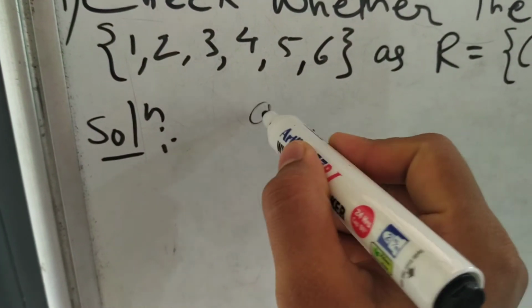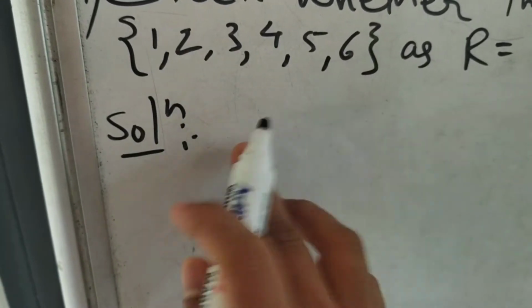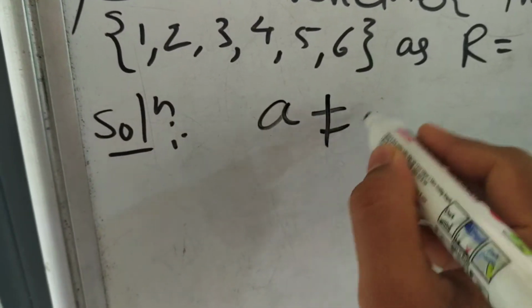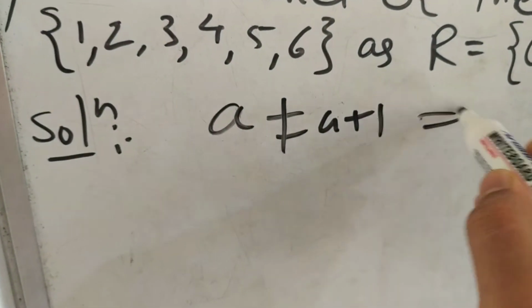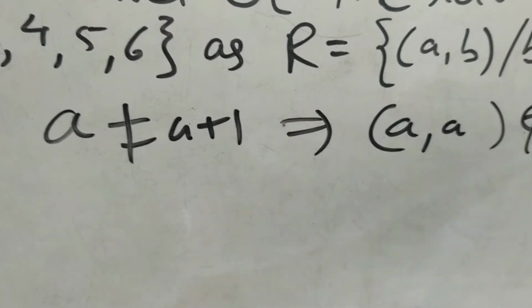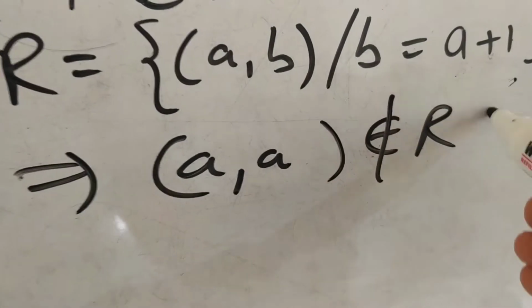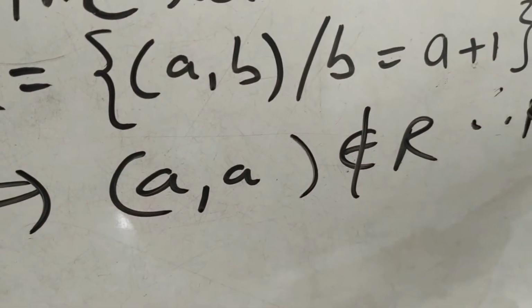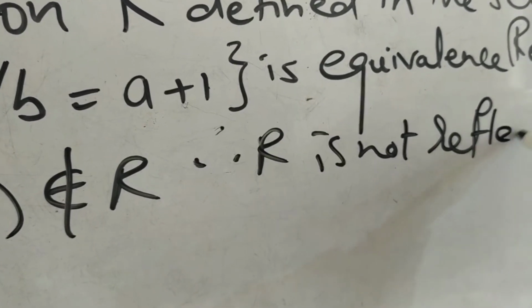So therefore we write here that A is not equal to A plus 1, and this implies (A, A) does not belong to R, and therefore R is not reflexive.